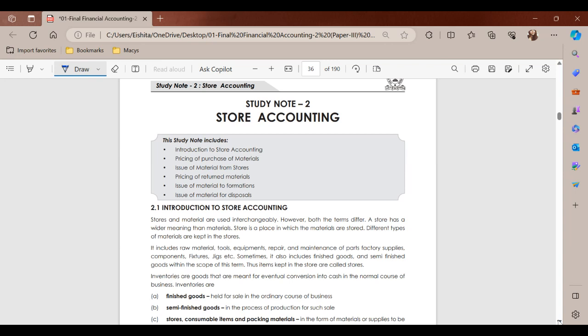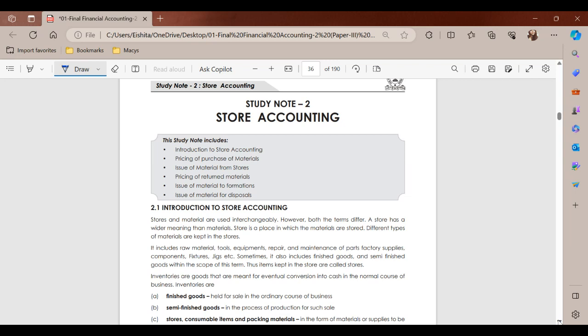Where the processes are different, each store having a different material or different calculations will be keeping a different store. So a decentralized store is suitable to organizations which have different material.